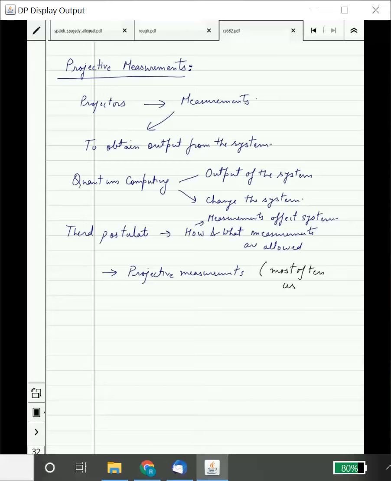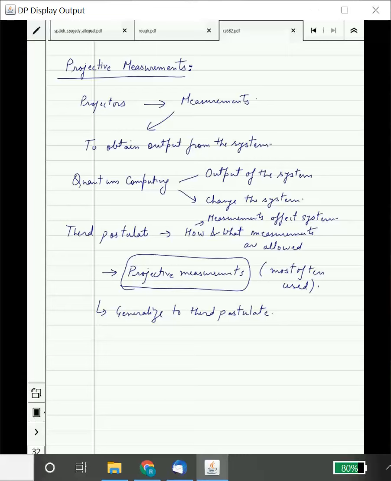Then we will generalize these projective measurements to the third postulate. That will tell us all possible kind of measurements. I would like to emphasize that most of the time in this course we'll be dealing with projective measurements. They are simpler to describe, so we should make sure that we understand what projective measurements are.